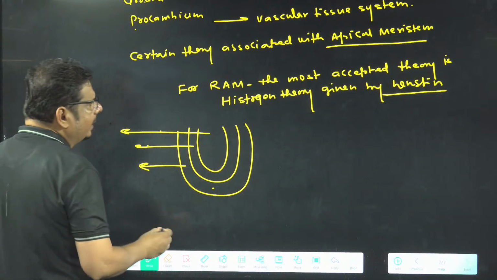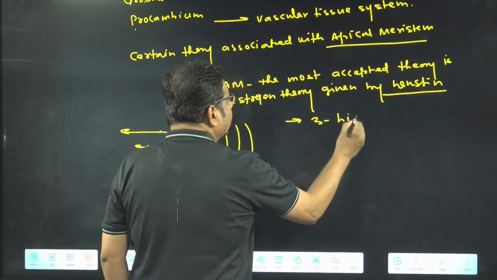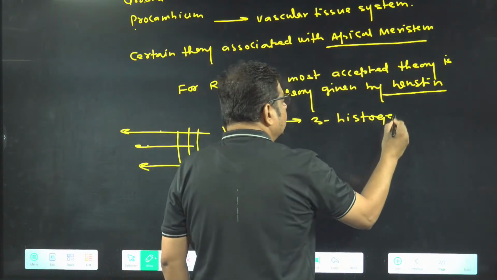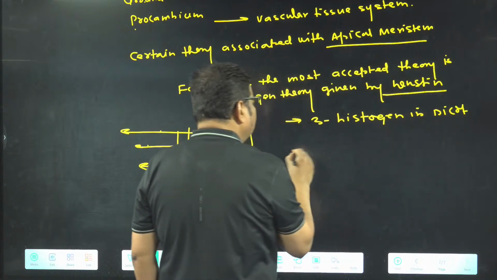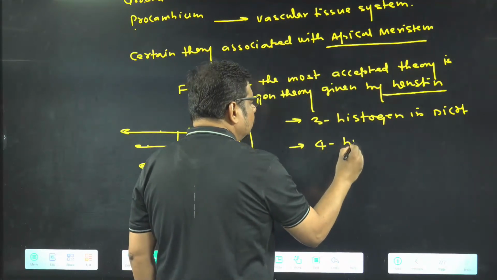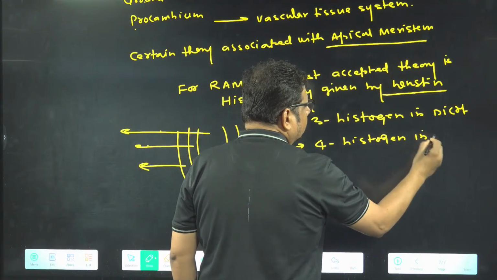And he told 3 histogens in dicot, and he told one more histogen, 4 histogens in monocot.